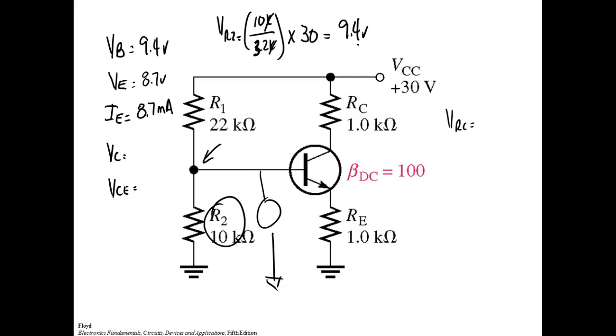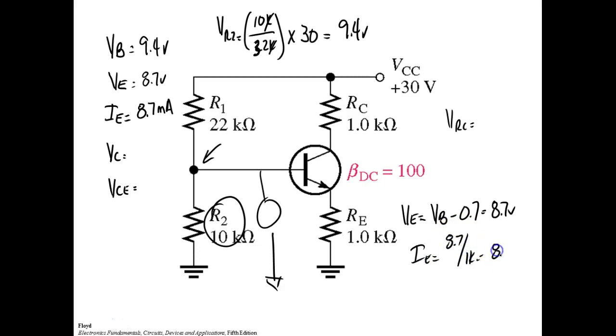Okay, so now we know that, then what I do is I say VRE, which is voltage drop across RE, is going to be equal to VB minus whatever transistor it is. And these are silicon transistors. And that's where we got the 8.7 volts. Then we know that IE is going to be equal to 8.7 divided by 1K.